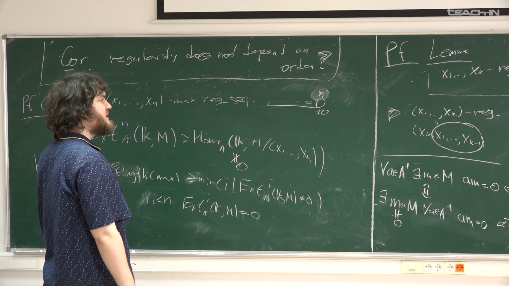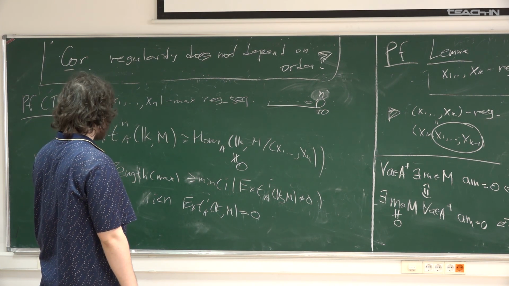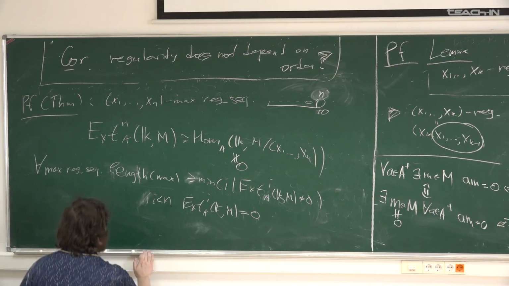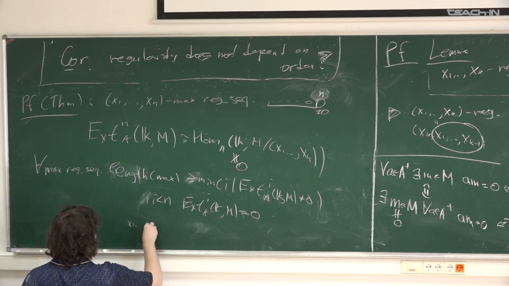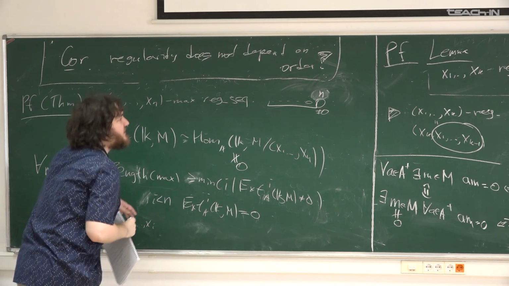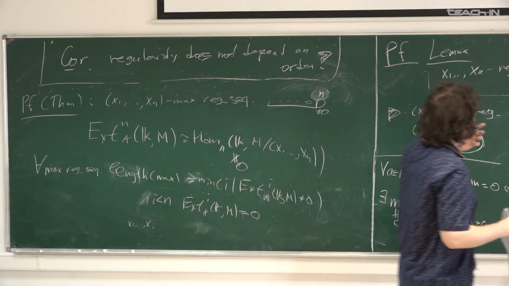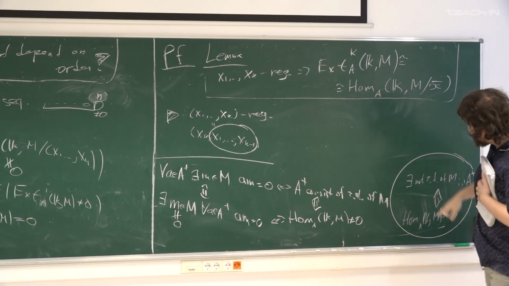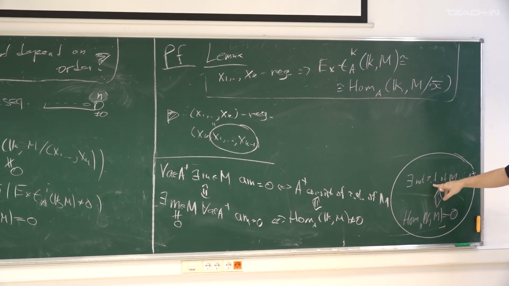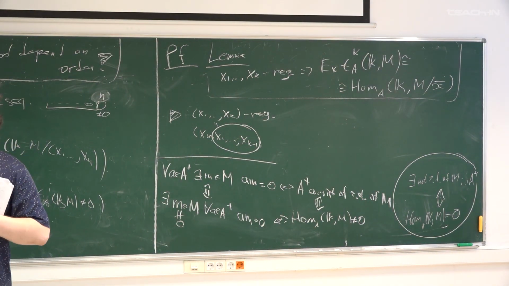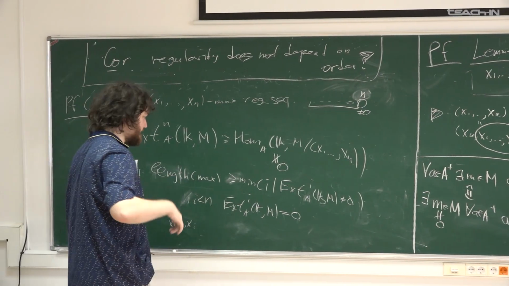This means that if I have some regular sequence of length i, then by this lemma the corresponding Ext is 0. So Hom is 0. And Hom being 0 means that there exists a non-zero divisor in the quotient. So this regular sequence is not maximal. In the quotient I have a non-zero divisor which I can add to my regular sequence.